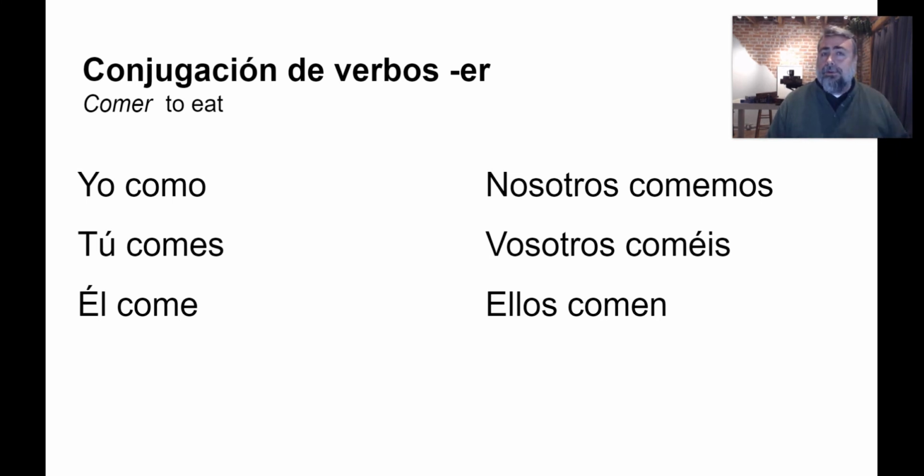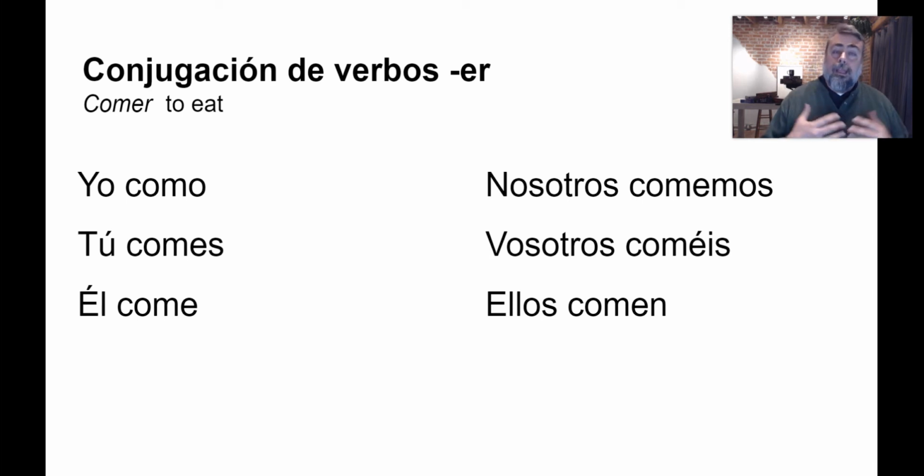The way we're going to approach the ER and IR verbs is that you are going to memorize these example ERs or IRs, or memorize the paradigms, o, es, e, emos, es, en. You're going to be able to do ERs and IRs as easily as you do ARs on your own. And then we'll move on to the next tense following the same pattern, mastering the AR and then extending it to the ER and IR.